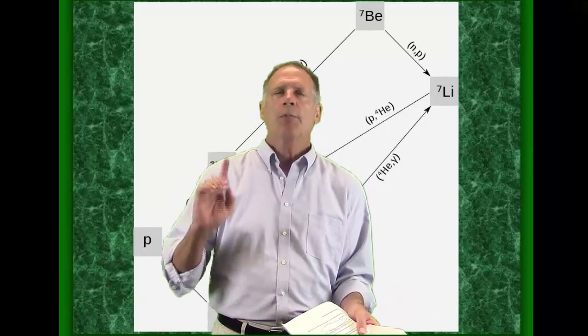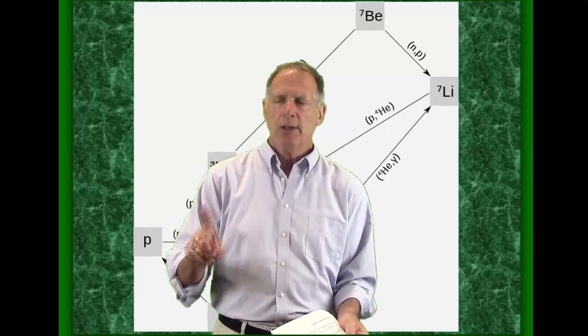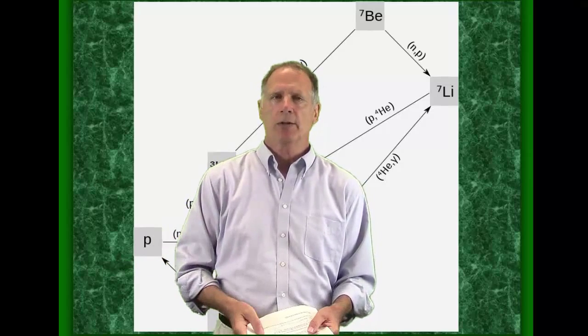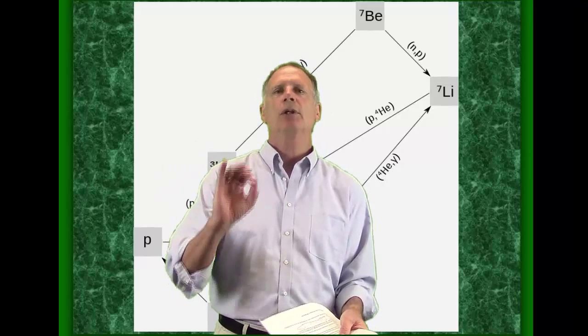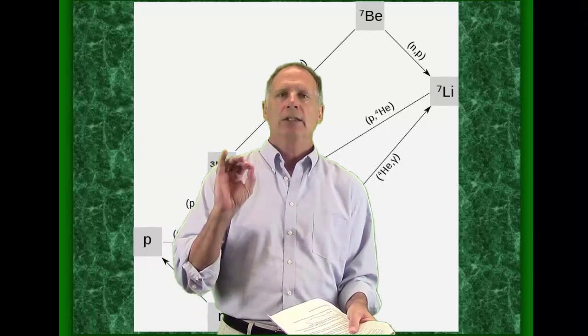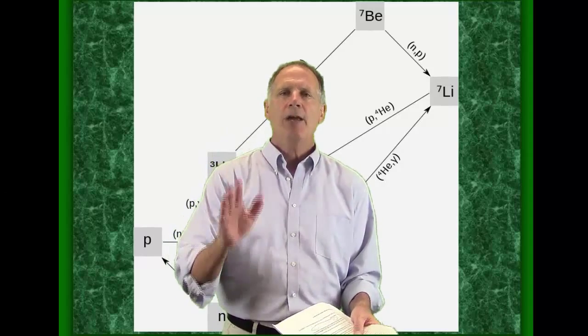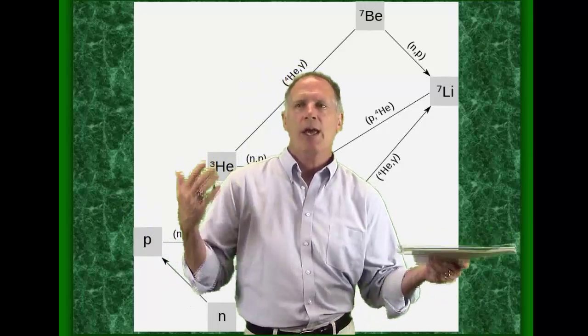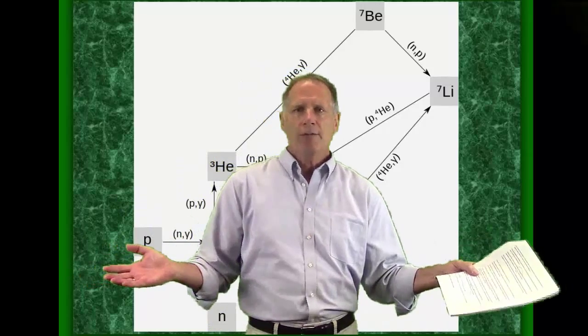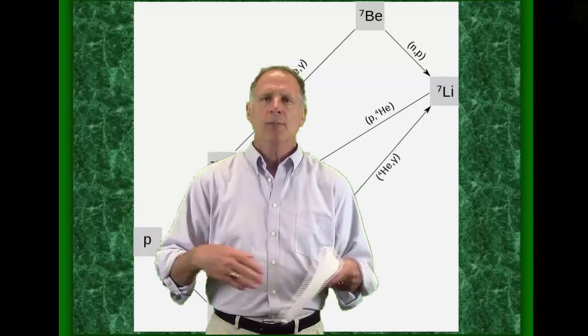Now, a couple of important things to tell you about before I discuss this diagram. The first thing is that a neutron outside of the nucleus of an atom decays, and it has a half-life of 887 seconds. So what does that mean? That means that in about 7 half-lives, a neutron's going to be all gone.